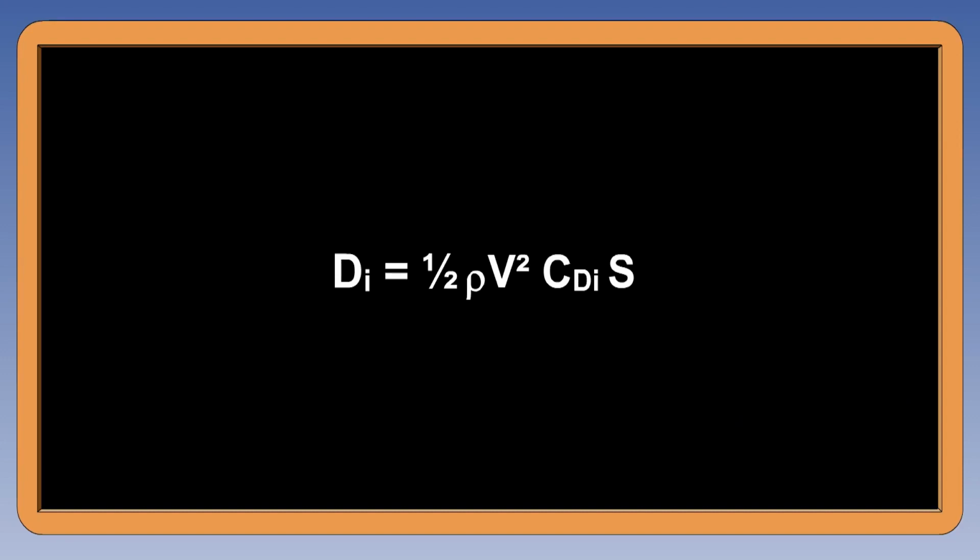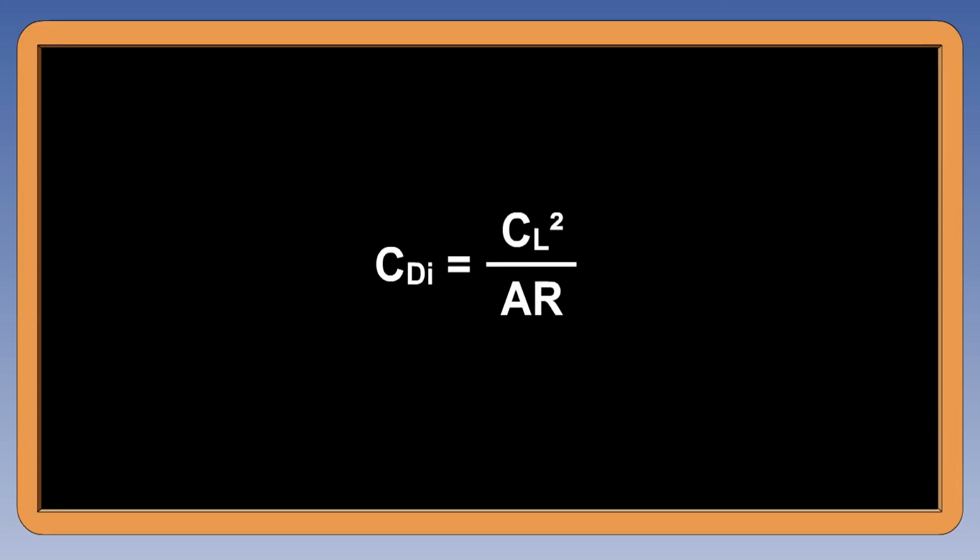The formula for induced drag, as you will see on the screen, is very similar to the basic lift and drag formulae. On first sight, the equation would seem to imply that induced drag, DI, increases with speed. However, the induced drag coefficient, CDI, is proportional to the square of the lift coefficient, CL squared, and inversely proportional to wing aspect ratio, AR.